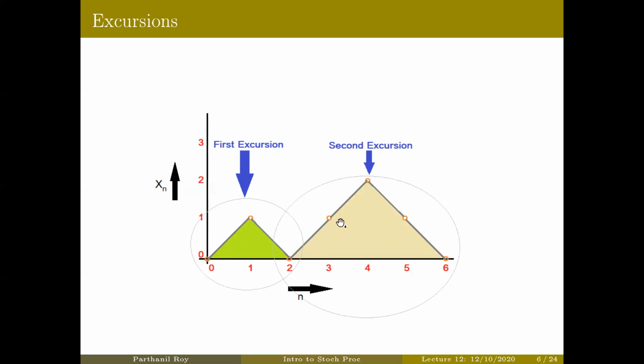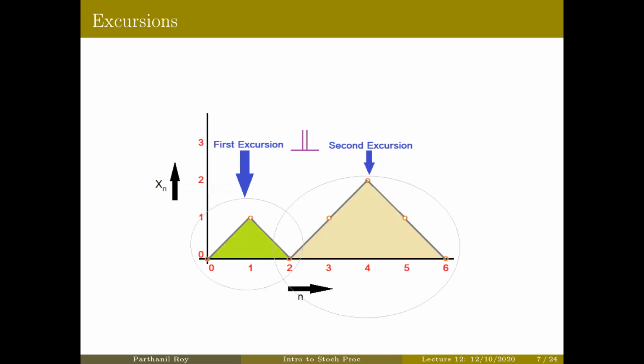You go and then come back. You can also have a third excursion, fourth excursion, and so on. What we will show is that these excursions are going to be IID in some sense. In particular, the first excursion is going to be independent of the second excursion, and the second excursion would be independent of the third excursion, and so on.